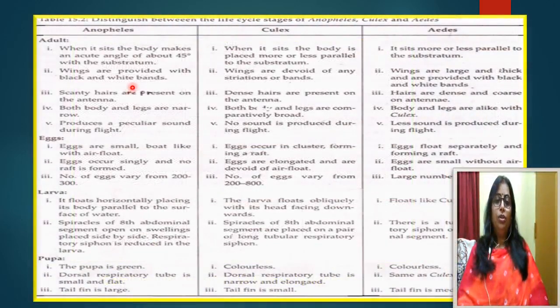Here is also a comparative detail about Anopheles, Culex and Aedes. What is the difference between the adults of Anopheles, Culex and Aedes, and the difference between the eggs of Culex, Anopheles and Aedes, and the same for the other stages, larva and pupa.